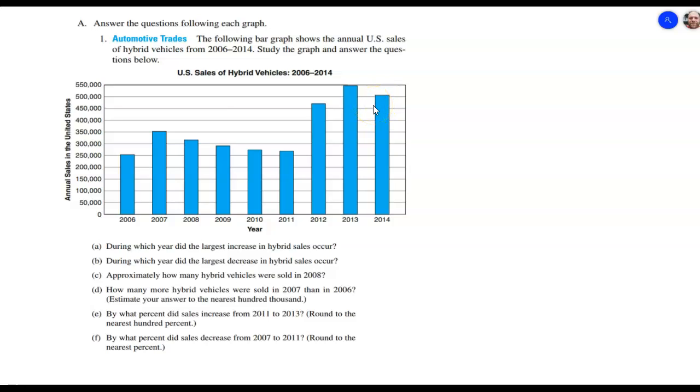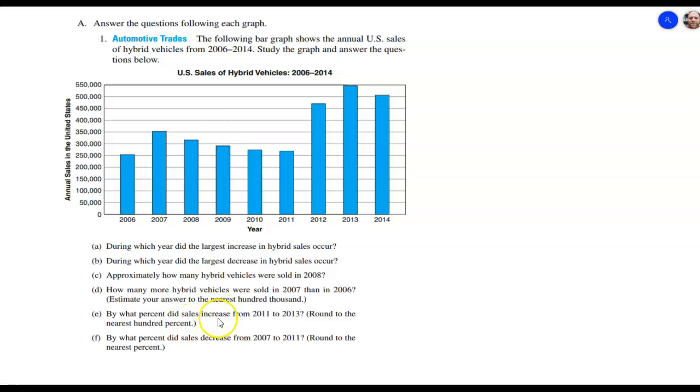So I think if you said either 2009 or 2014, both of those would be pretty good answers there. We're just looking for the largest decrease from one year to the next. I think the book has 2009, but I think that this is larger than this difference here.